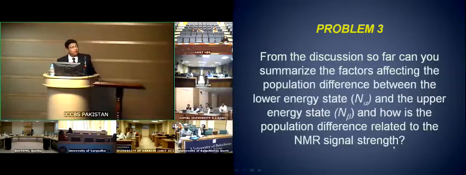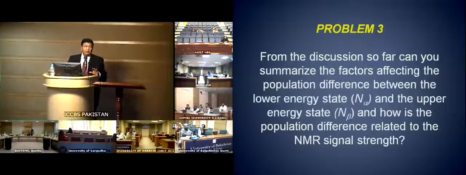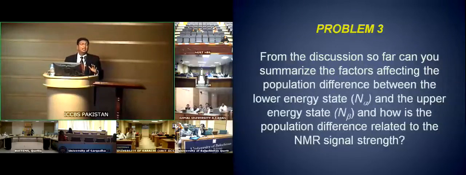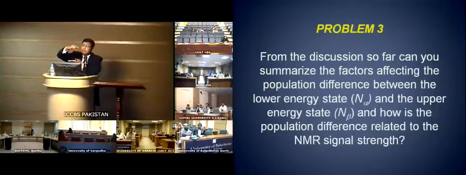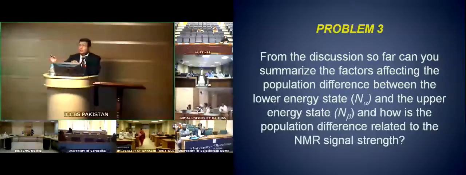This is something which I would like to answer right now, because I deliberately wanted to wait until we all understand. You see, when we apply a magnetic field, the two energy levels are created, right? The difference in this energy level, called del E, is directly proportional to the V naught applied.